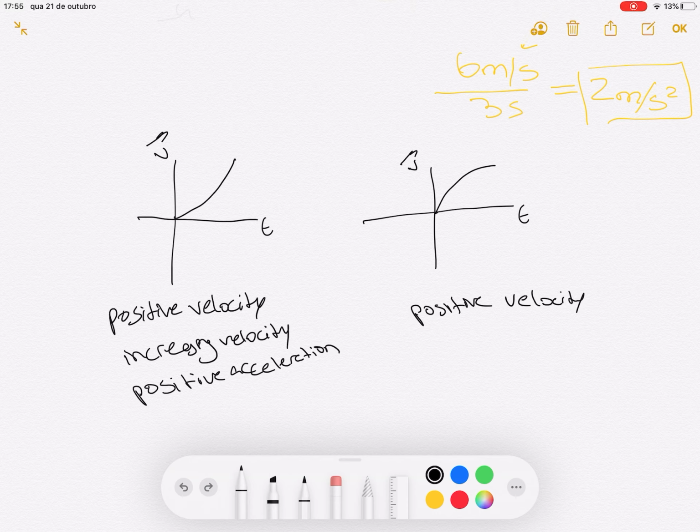Here it's rising, but then it becomes flat. So there's a decreasing velocity.